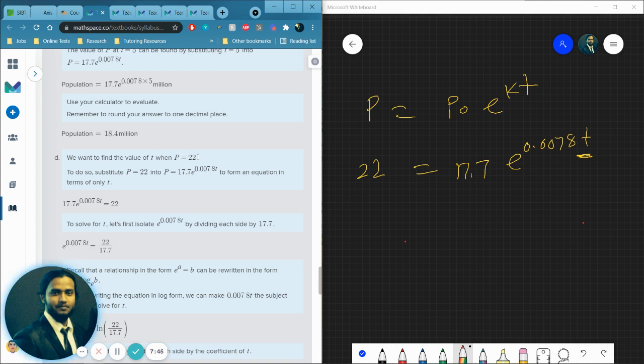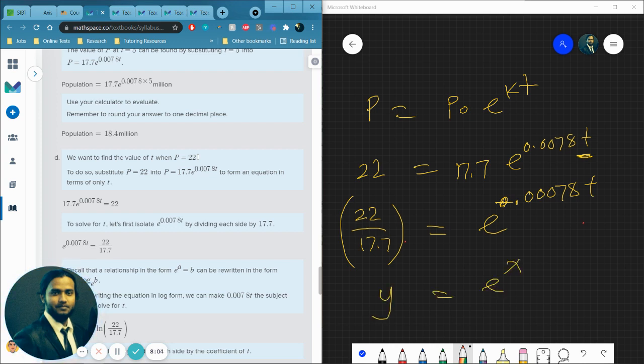But as you recall from logarithmic class, you can simply write this as that, and 0.0078, I think that should not be a minus, that should be a dot. And if you compare, this is simply y equals e to the power x. These numbers are crazy, looks like the numbers are not nice, but you can see this is similar to something we already know how to handle.